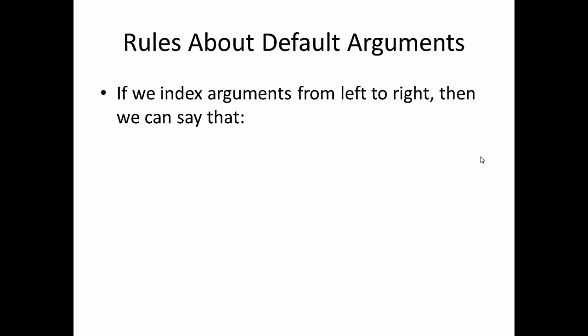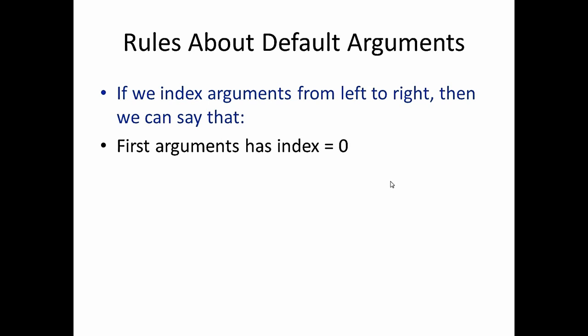You might be dealing with arrays, tuples, the order of function arguments, any such thing, or indexing of characters in a string. If we index arguments from left to right, then we can say that the first argument has index of 0, and I want to emphasize this fact one more time.